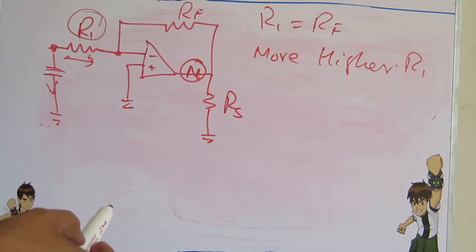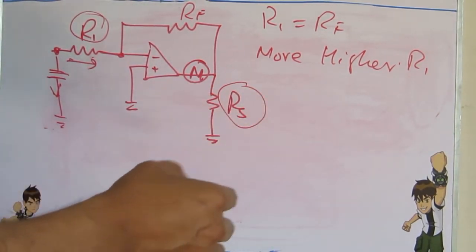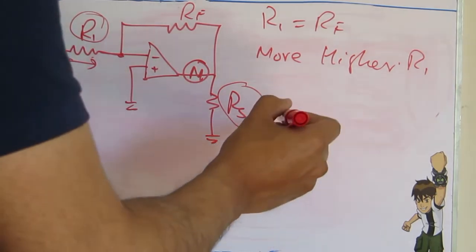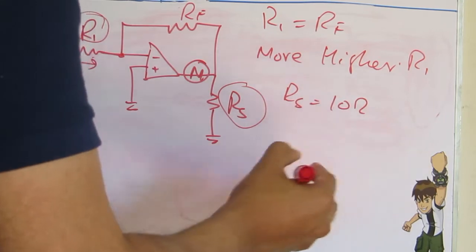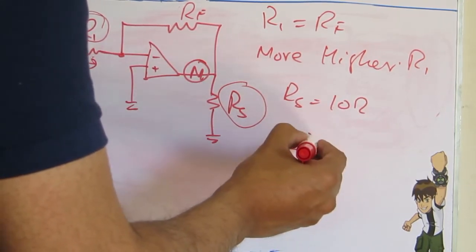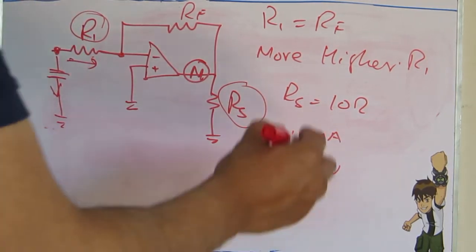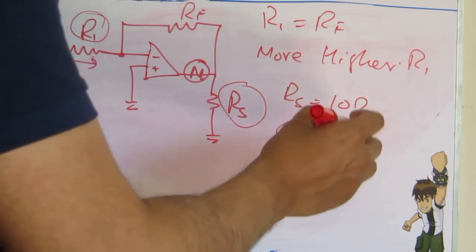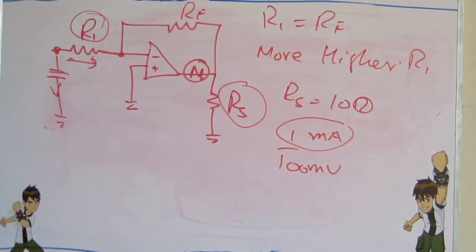And as for the range, you can select the range with the help of RS. If you put RS equal to 10 ohms, you will be getting 1 by 10, meaning that 10 millivolts will lead to 1 milliampere current, which is your maximum deflection current. So if you put 100 ohms, 100 millivolts will lead to 1 milliampere current.